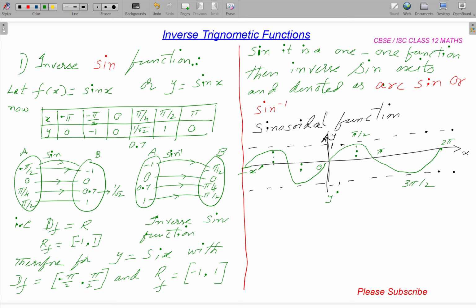This is minus pi by 2, and this is minus pi, and this side minus 2 pi.